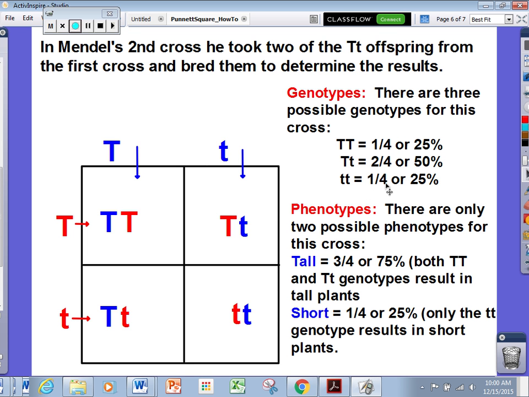And we've got a 1 in 4, or 25% chance of getting this little t combination, because it's only in 1 out of the 4 boxes. Okay? So all of these percentages should add up to 100%, and all of these fractions should add up to 1, because all 4 boxes equal 100%.